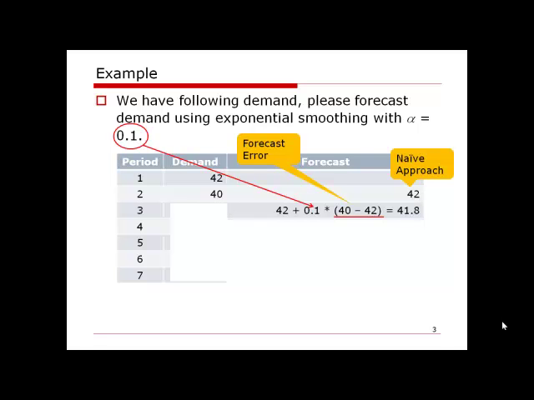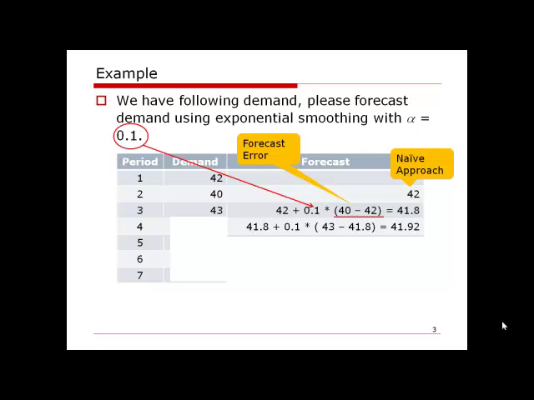The forecasting error basically is the difference between the real demand and the previous forecast. And of course, we will have the real demand occurring after the forecast has been conducted. And similarly, we can take one more step to calculate the next time period.